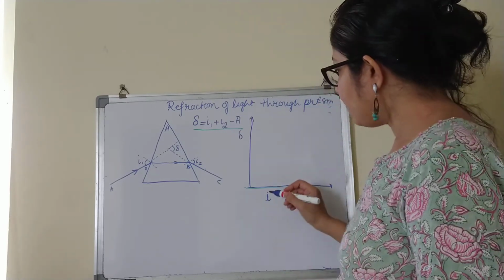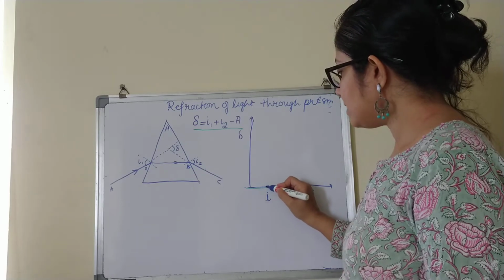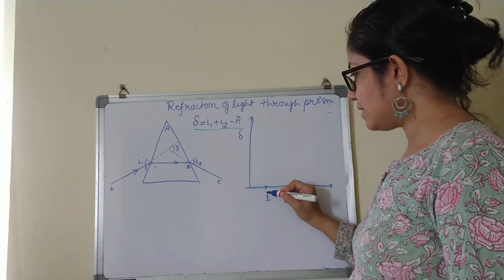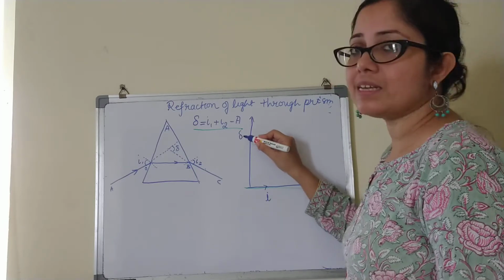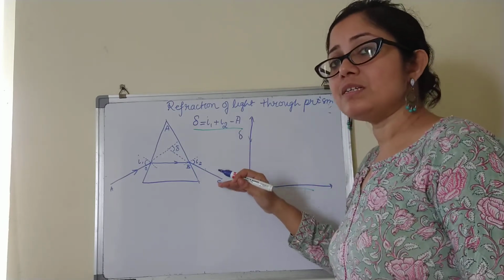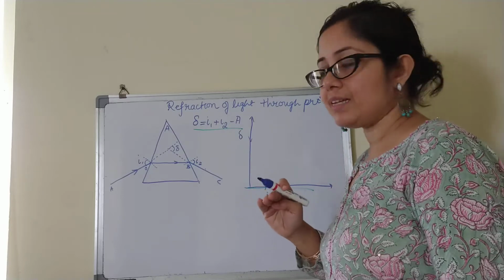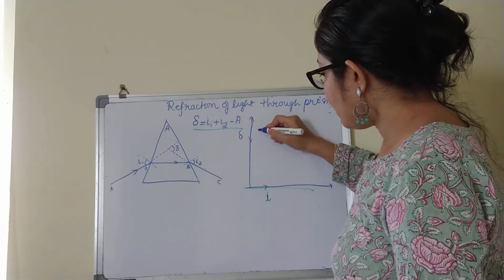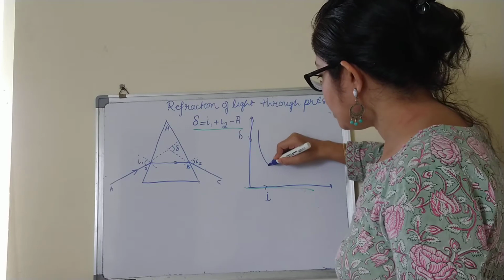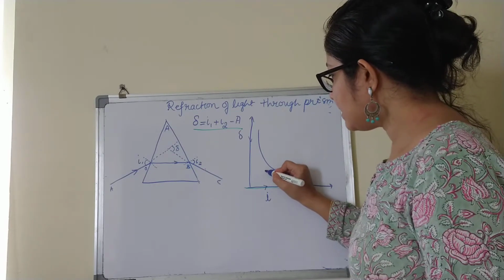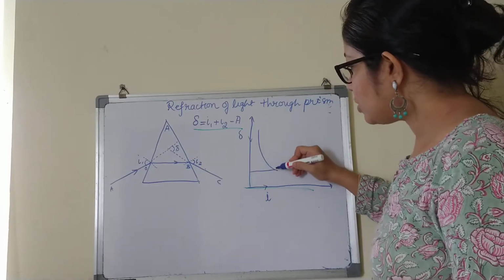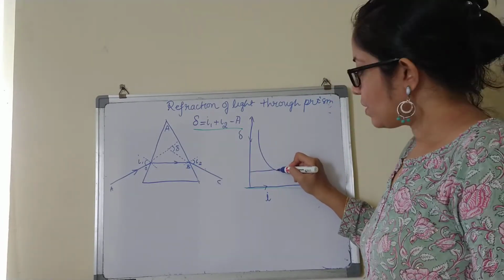Now I find that when I increase the angle of incidence, the angle of deviation is slowly becoming less and less, until the graph comes to something like this. So at this point we can say that the deviation is minimum.